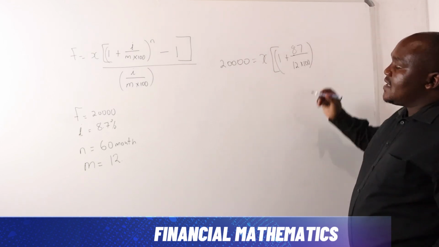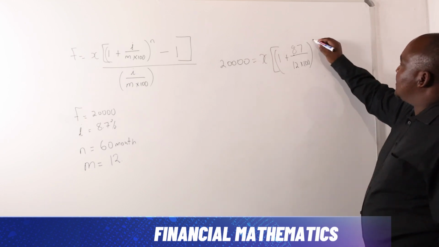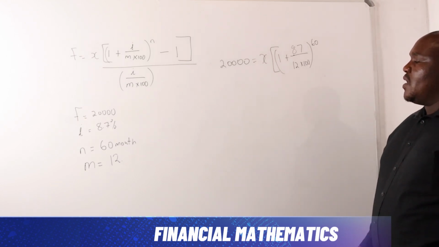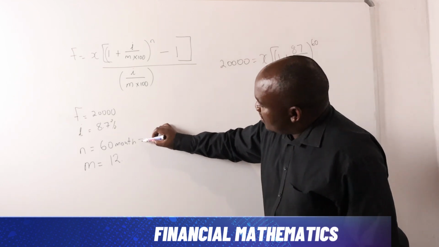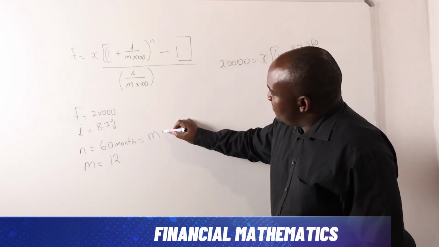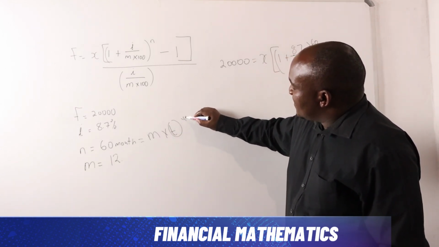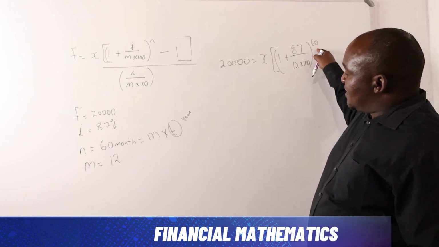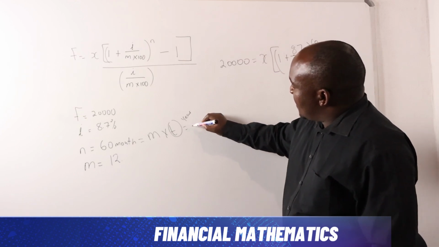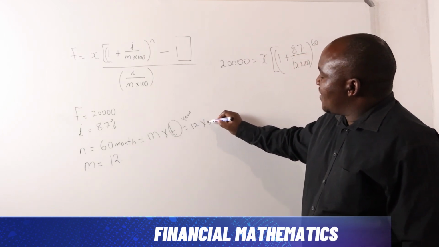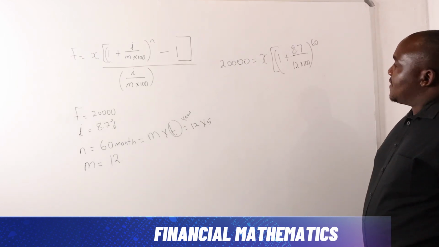The value of n, since it's compounded monthly, the n is directly 60. But also, this n is also equal to m times t, which is the time in years. So if you take the 60 months and divide by 12, you are going to get 5. And then you can also get 12 times 5, which is 60, because we are given 60 months.